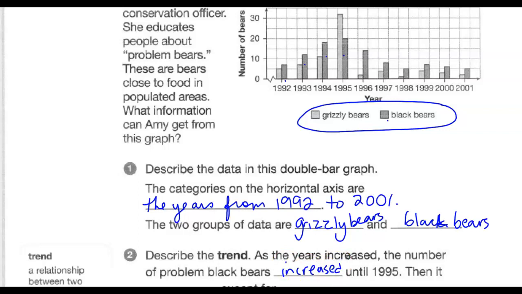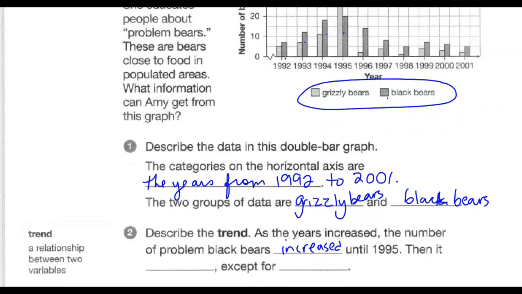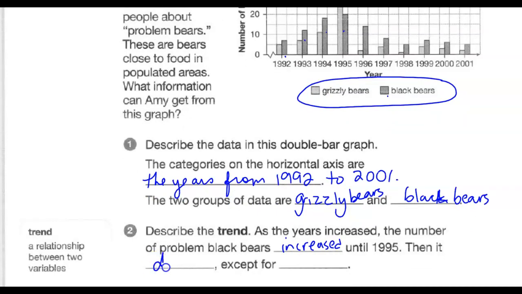Until 1995, and then they started to decrease. Maybe they had some plan in place starting in 1995, except for, so take a look, got lower, got lower, got lower, then went up again here, and then started to go back down again. So except for 1999, I'd probably say 1999 and then 2000 was still above 98.